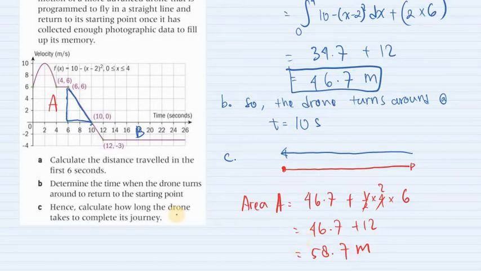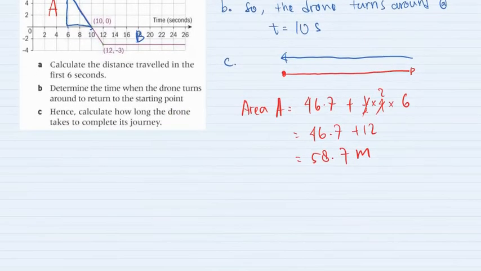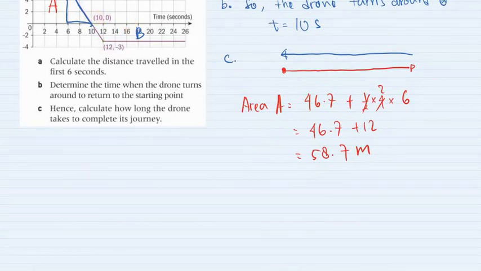We also need to find the area B, which is the same with area A. So area B is equals with this region, the triangle one, and then this one, the rectangle. You can calculate it as a trapezium, that's also okay, but I prefer this triangle plus rectangle, but that's totally up to you.